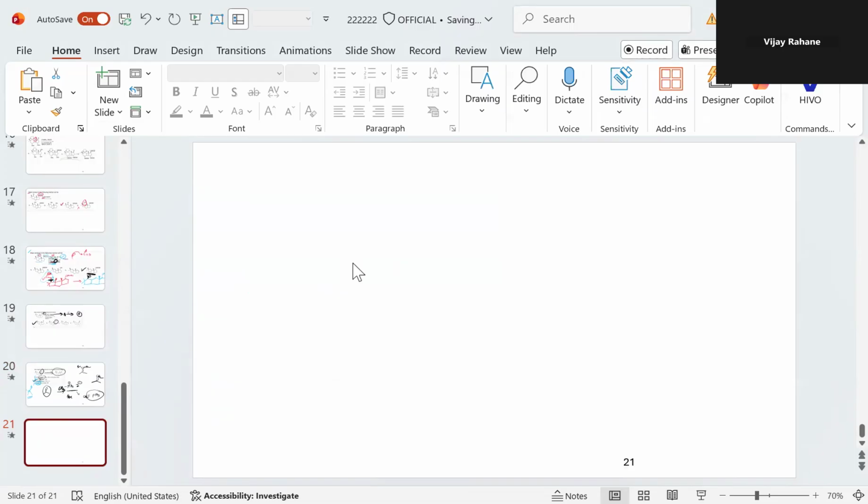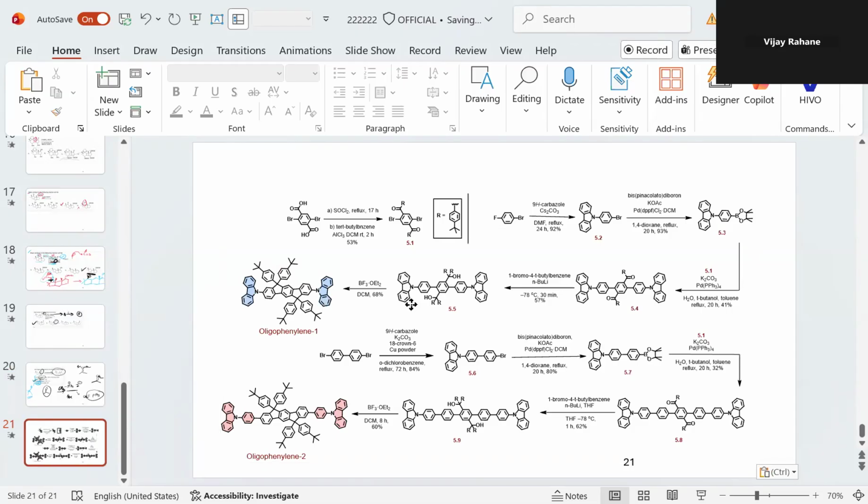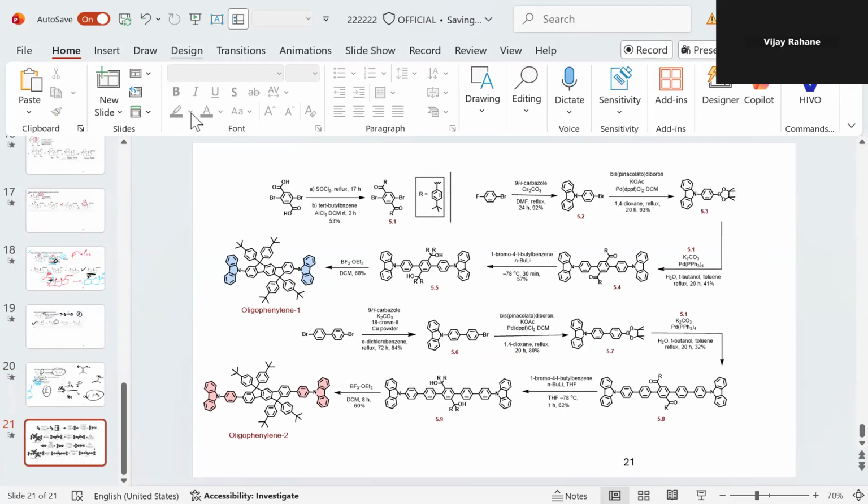I will give one example here, which originated from one of my papers. Okay, so this is the synthetic route for these two materials.